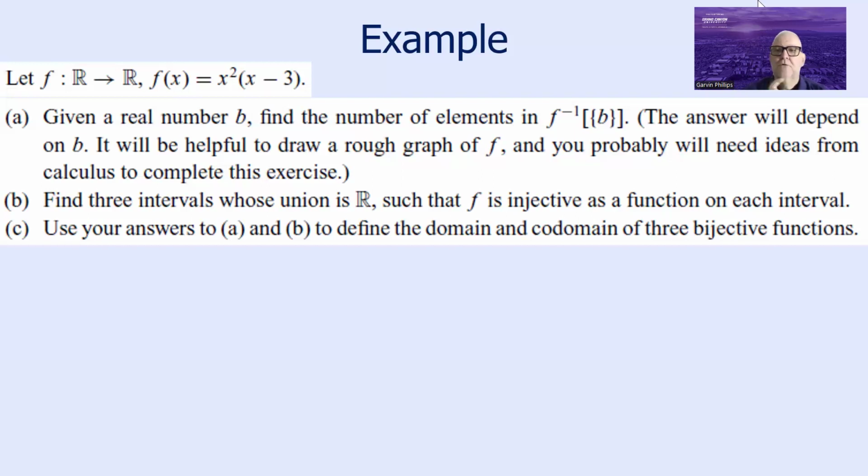So again, you're going to group it into intervals and then use the answers from A and B to define the domain and codomain of the three bijective functions. You're actually coming up with three new functions to replace f to map it where it's bijective. And if you do A and B, it should make that easier.